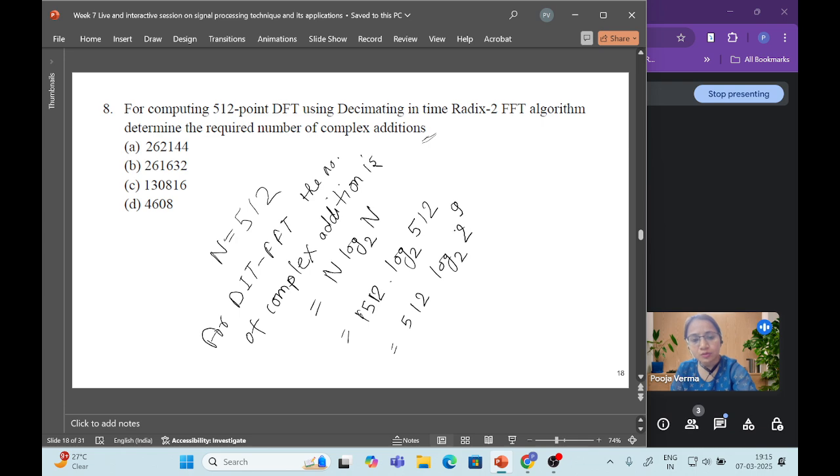Log base 2 will be 9. So 512 into 9. If you calculate it further, you will get 4608. So option D is the correct answer for this question.